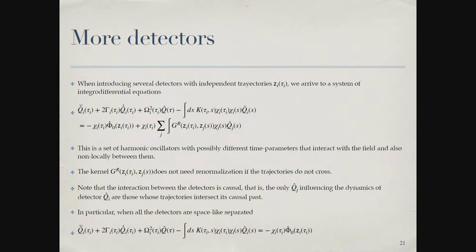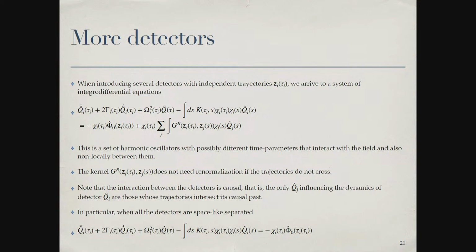And, well, I think I can go a little bit fast on this and just finish. Part of the motivation of all this business is to try to do things with more detectors, right? Because then you can discuss correlations, and you can discuss entanglement harvesting, and you can discuss communication tasks. So when you do the same thing, you have to take into account several things. You have n detectors. Each of them has its own proper time, because they're following different trajectories, relativistically.